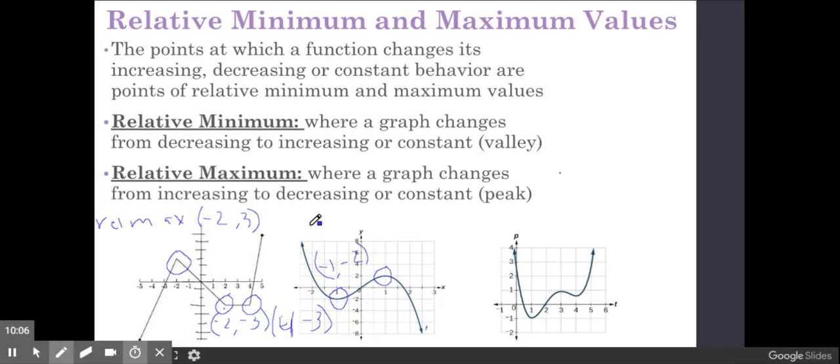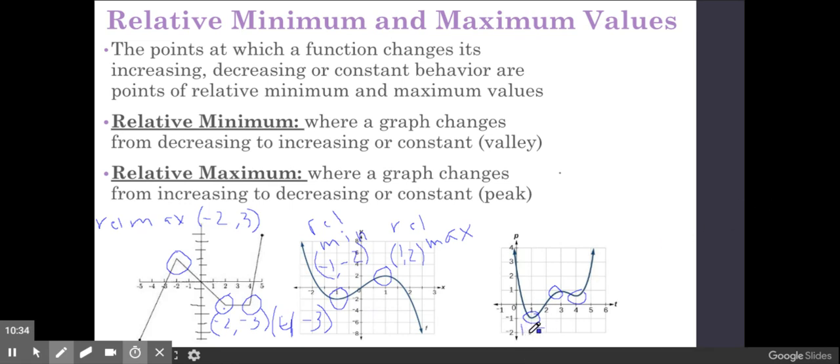And that would be considered our relative minimum because it's the bottom of a valley. And here we have it at (1, 2). And that's a relative max because it looks like the top of a mountain. For this example, we have (1, 2, 3). (1, -1) is a relative min.